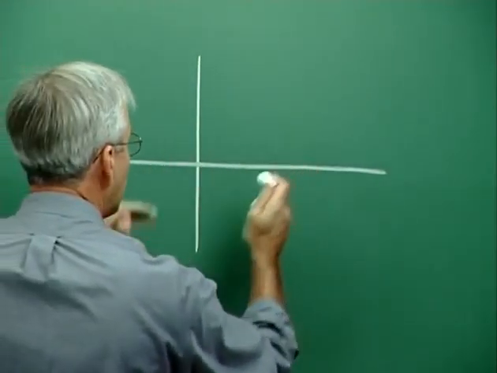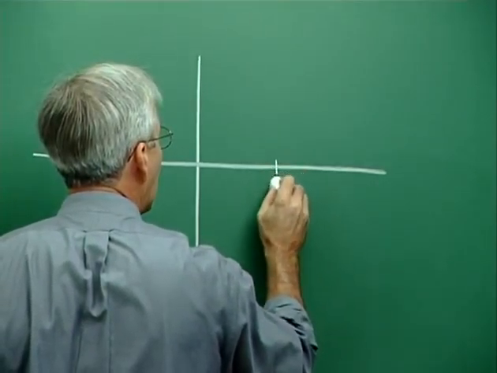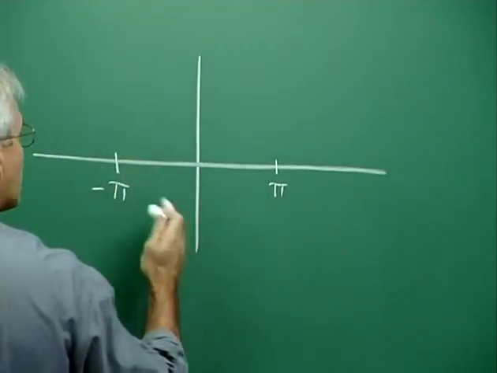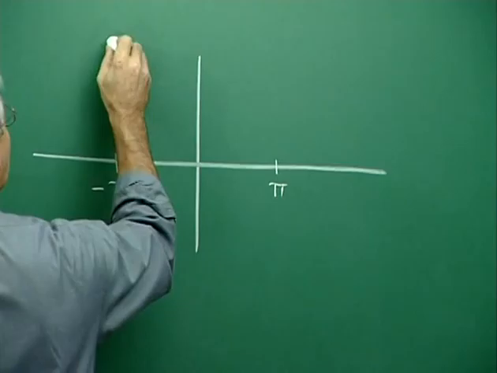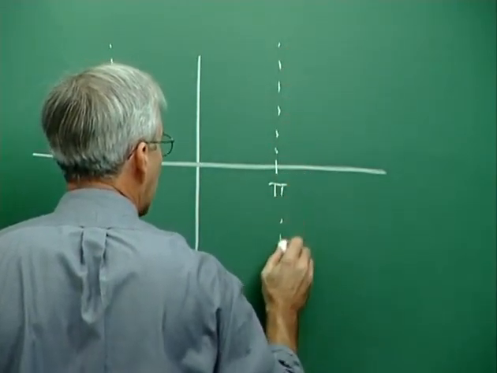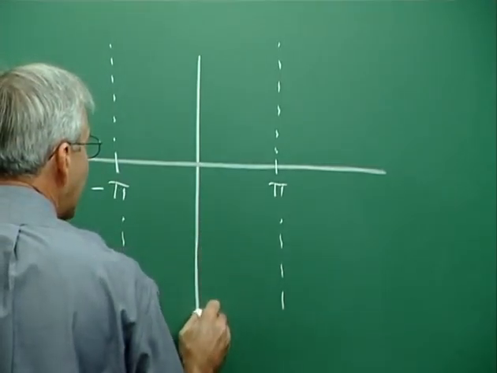So we'll have half of it on this side, half over here. We'll identify pi on this side, negative pi on this side. And that's a full period of 2 pi. And we have asymptotes here and here.